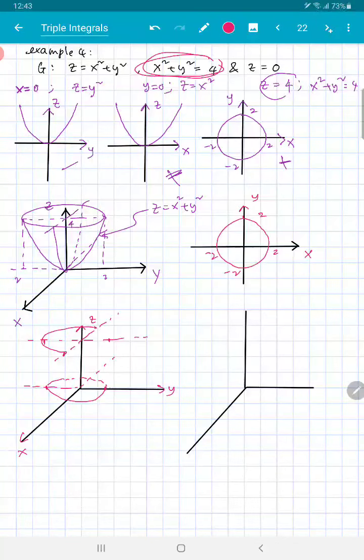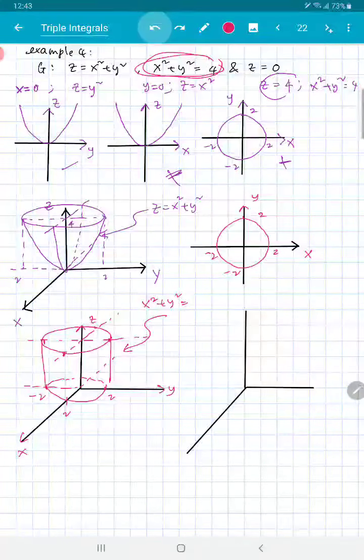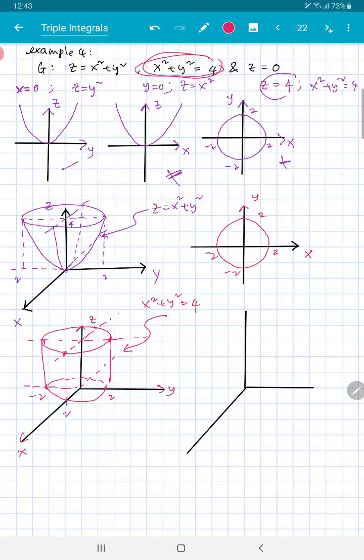So when you connect all the circles, with 2 and negative 2 here, we get an upright cylinder. So this cylinder is governed by the equation x squared plus y squared equals 4. Okay, so now we have another surface, which is z equals 0. z equals 0 is just a horizontal plane.